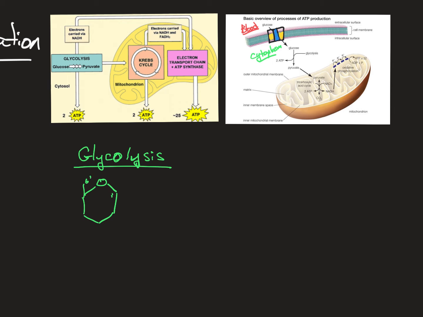So that's your sugar. So we have to take this molecule and we have to break it down very neatly into a 3-carbon molecule, and each step changes it slightly. We add a phosphate. We actually have to put an ATP in.